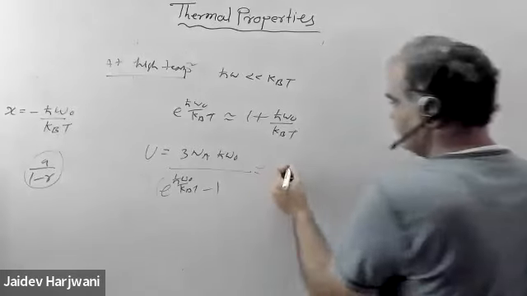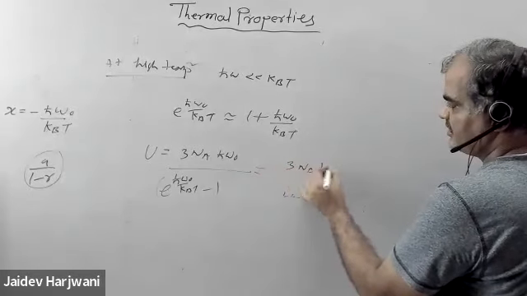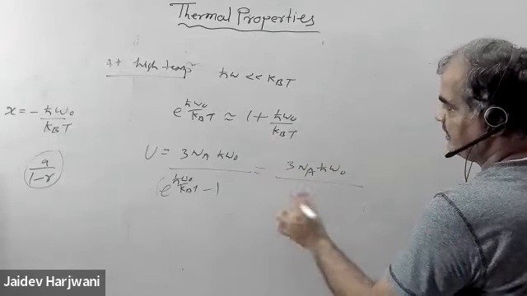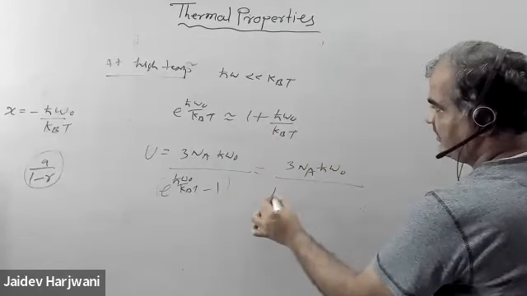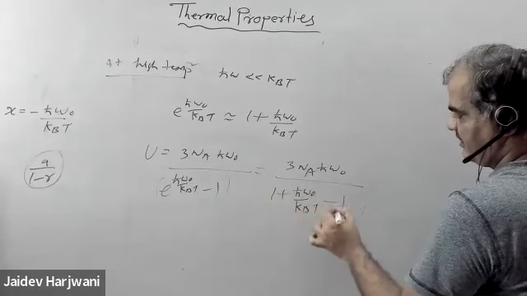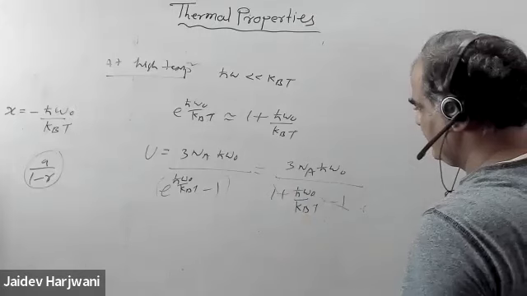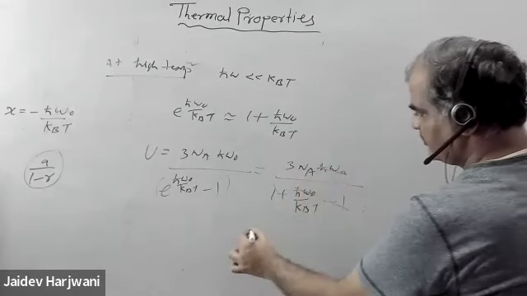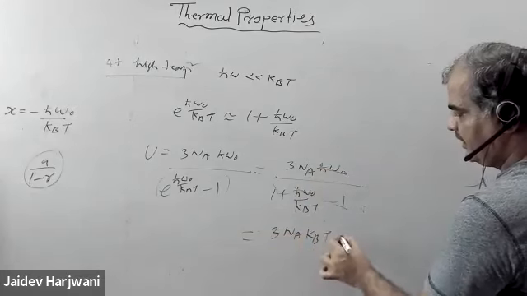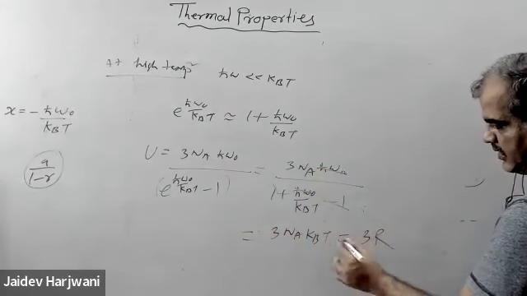So this will become 3N_A ħω₀, and when we expand the exponential, this will become 1 plus ħω₀/k_BT minus 1. So the minus cancels, ħ cancels, and again this will become 3N_A k_BT, that is equal to 3RT.